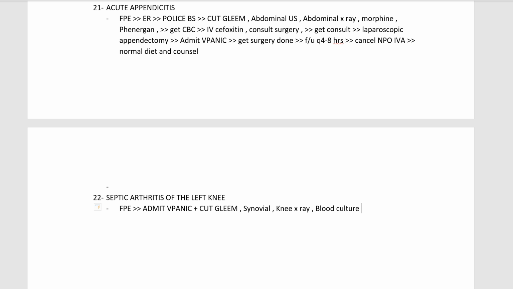And then you find thick, purulent fluid, difficult to aspirate on the synovial. And then one thing you want to order, you want to give morphine. Okay, that's an important one, one time. And then you give Tylenol, continuous.